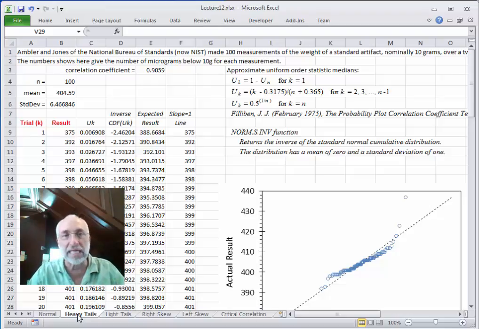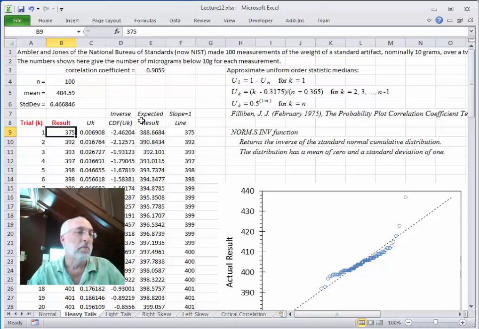What we are showing here as the result is the difference between measurement and 10 grams, expressed in milligrams. So the first result is 375. That means the actual weight they got was 10.375 grams.